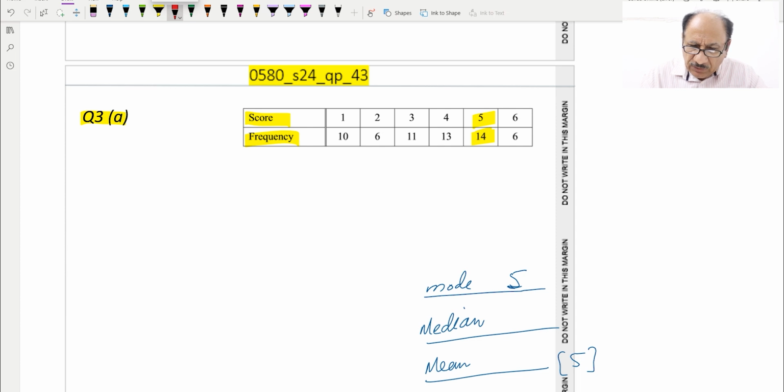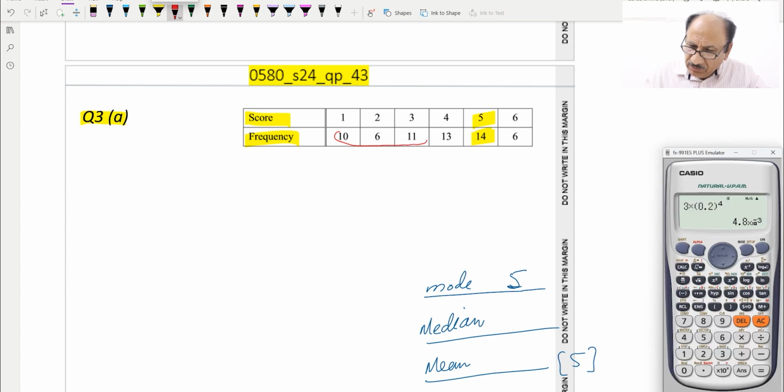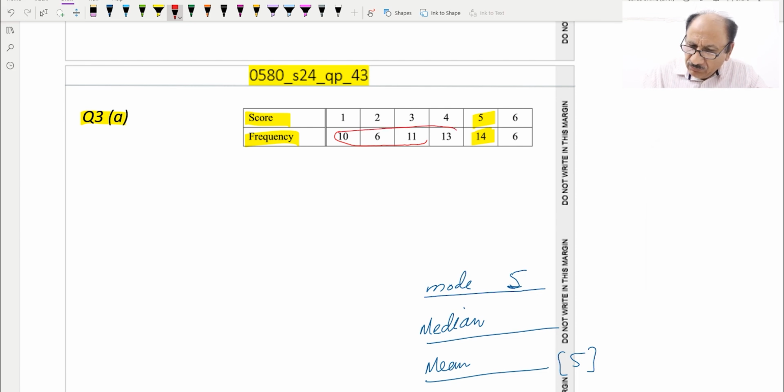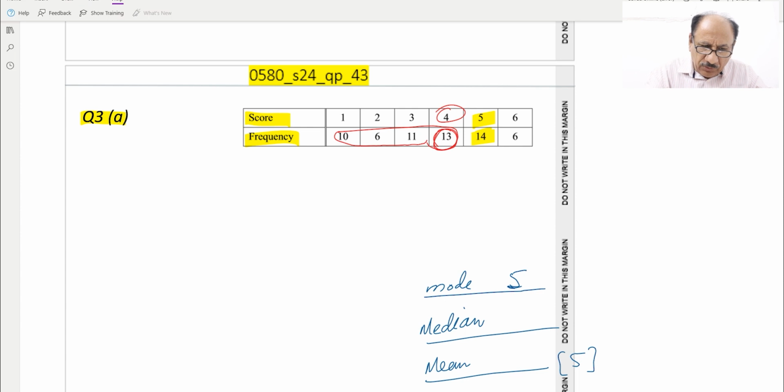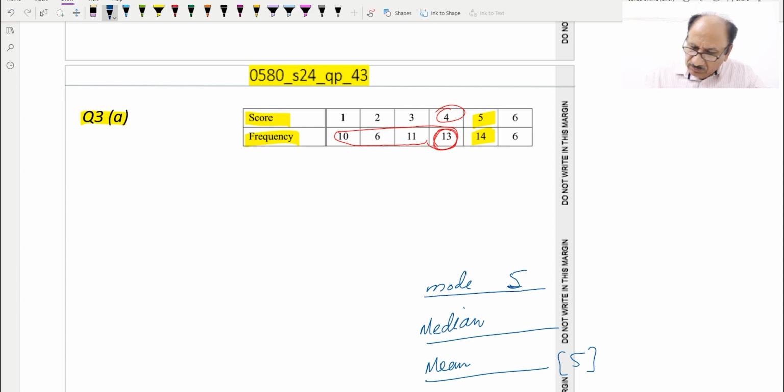So it is basically 10 plus 6 will be 16, 16 plus 11 will be 27, but we need 30, so the 30th value will be completed in this 13, and the score for 13 is 4, so our answer will be 4, that we will be writing as median. This will be 4.